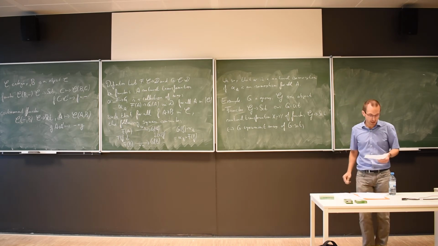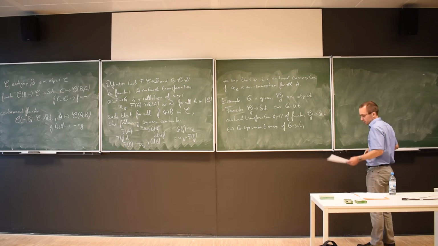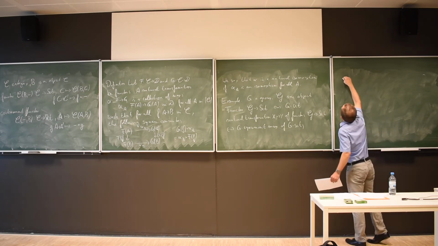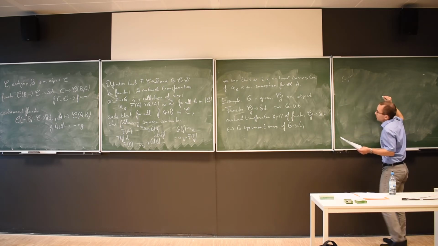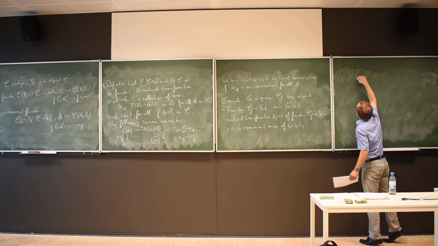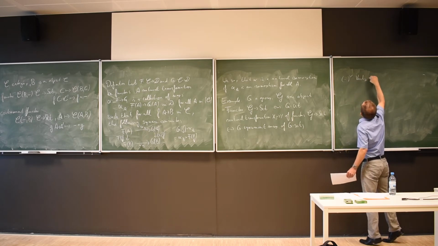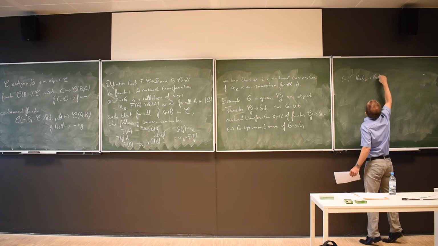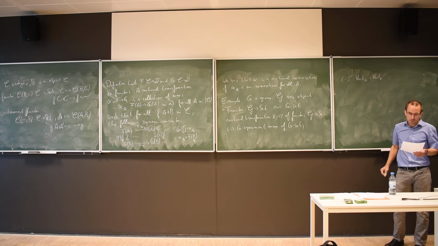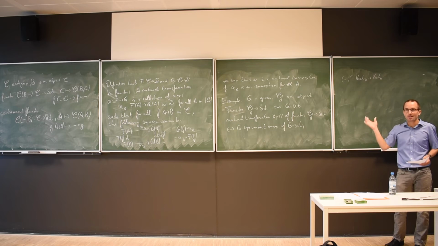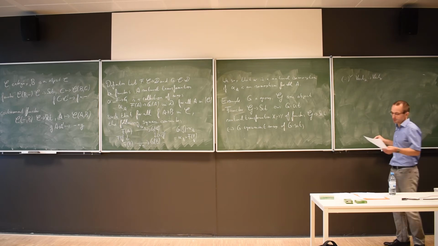A less simple example of a natural transformation is the following. I discussed that the dual vector space construction provides a functor from the category of k vector spaces to itself. So this is a contravariant functor. If we apply it twice, it becomes covariant again, because reversing arrows twice means we don't reverse any arrows.